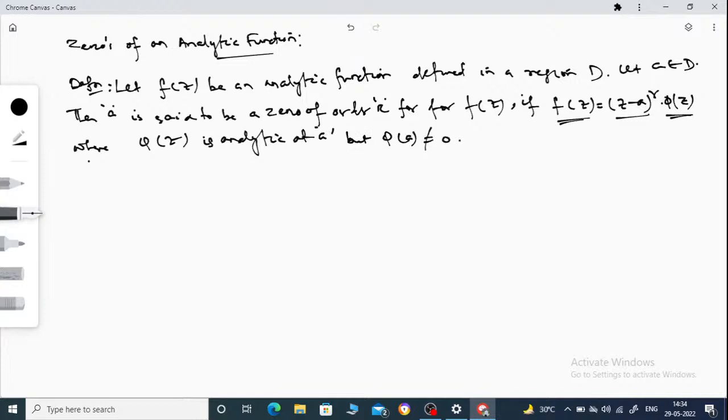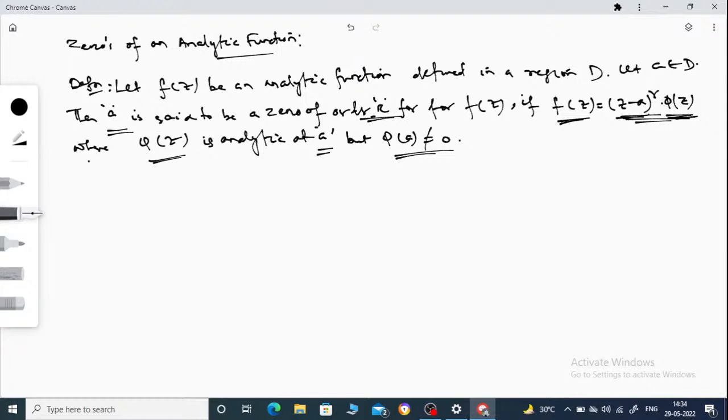So if you can write your f of z as (z minus a) to the power r into a function of z, where this function is analytic at a but never equal to 0 at a, then z equal to a is a zero of order r. This is the definition.